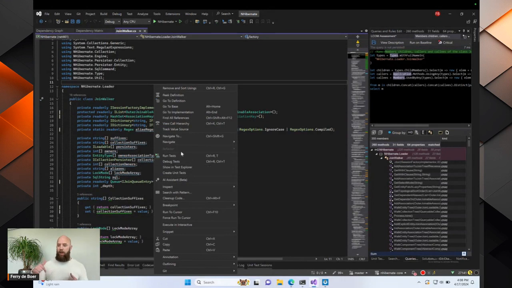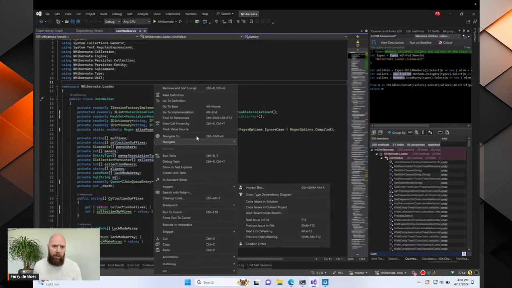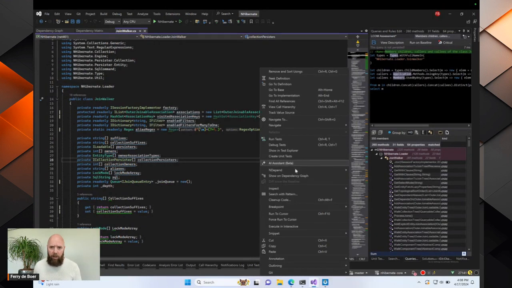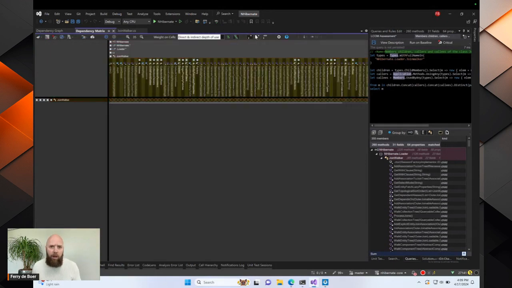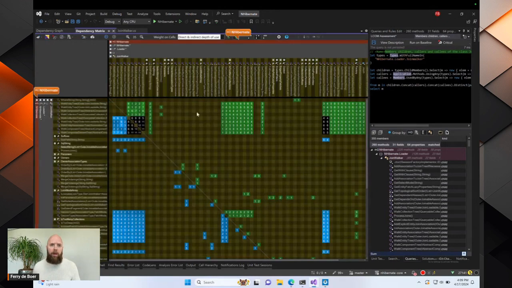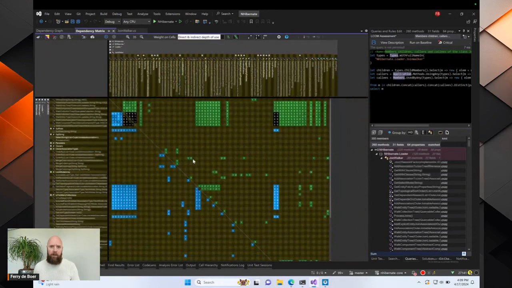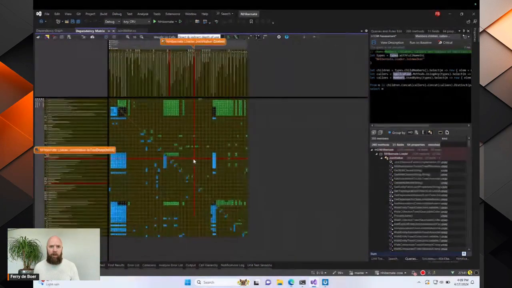So each cell in the DSM is basically representing a potential edge between the nodes which are in the columns and the rows. So you could inspect whole namespaces on this and see their relation. Oh, I do want to bind them. Or you could do it for a single class.